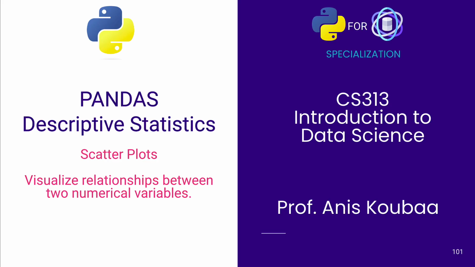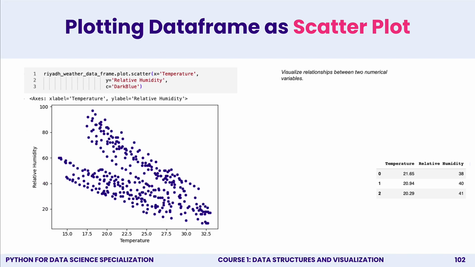Okay, another important visualization is the scatter plots, and they visualize the relationship between two numerical values. So here in the x-axis we have the temperature, and in the y-axis we're going to provide the corresponding point related to the relative humidity. So when we see this plot, how can we interpret it visually?